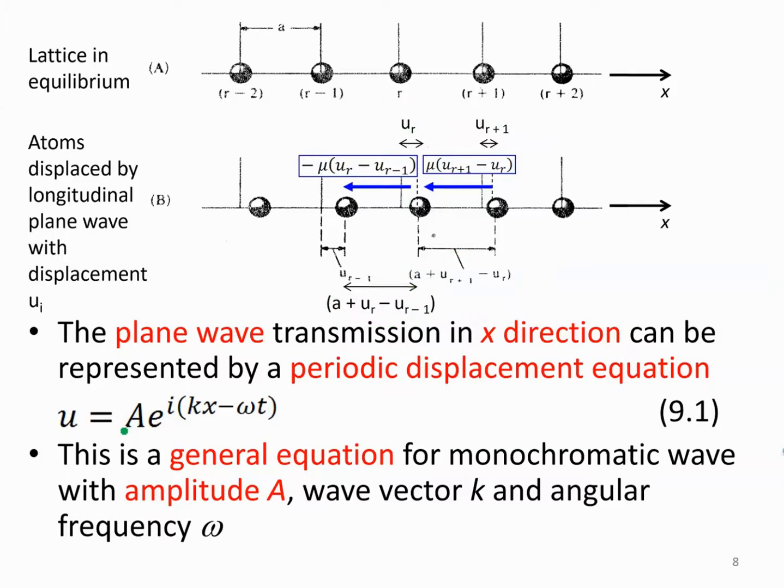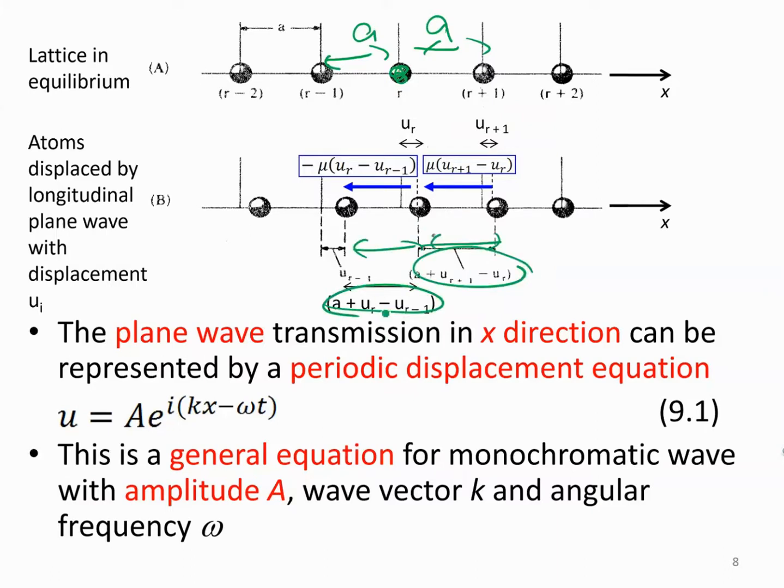So now, at first, the distance between R and R plus 1 was A, R and R minus 1 was A, right? But now, the distance between R and R plus 1 is equal to this equation, and R and R minus 1 equal to this equation.